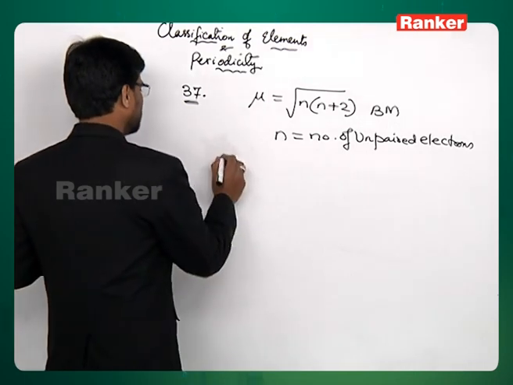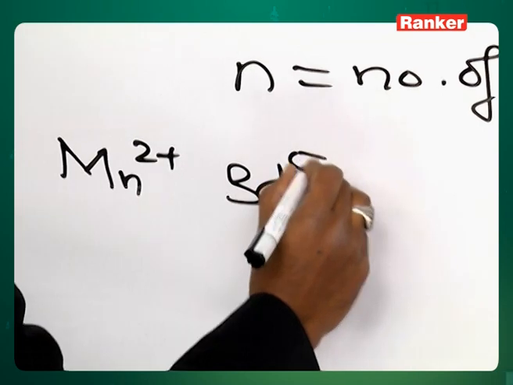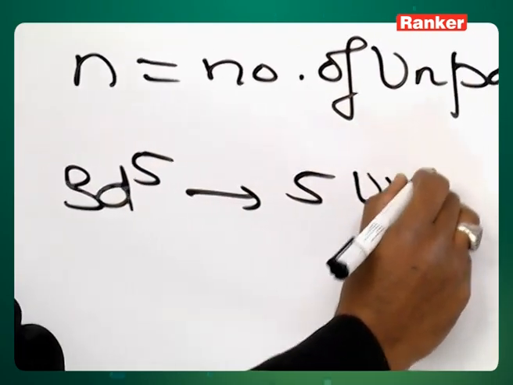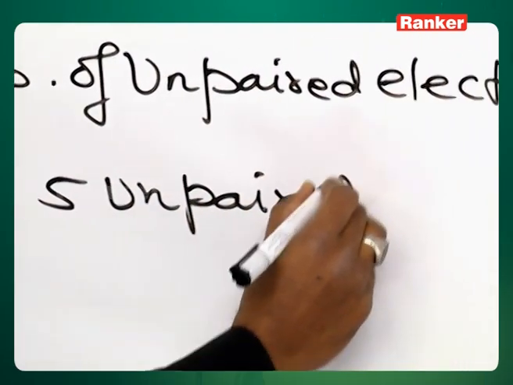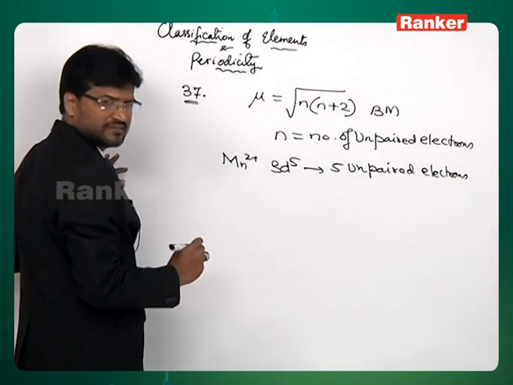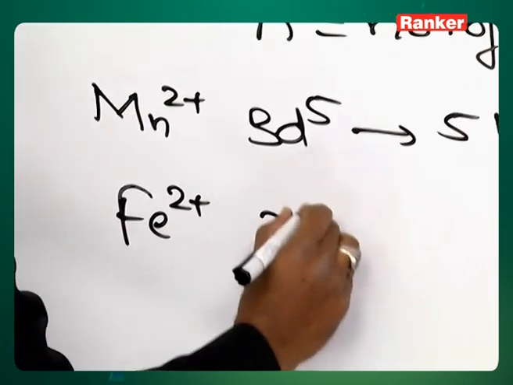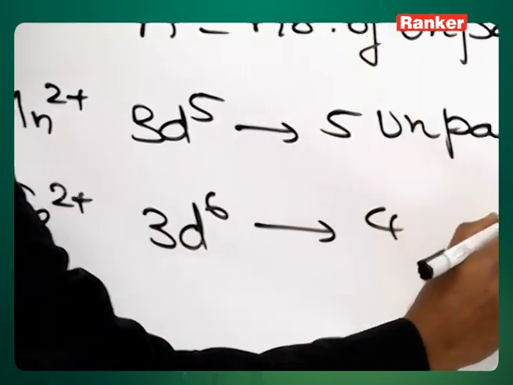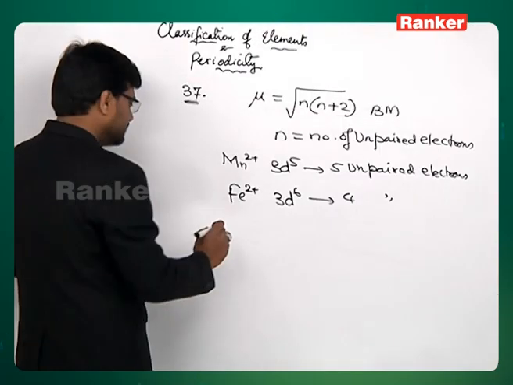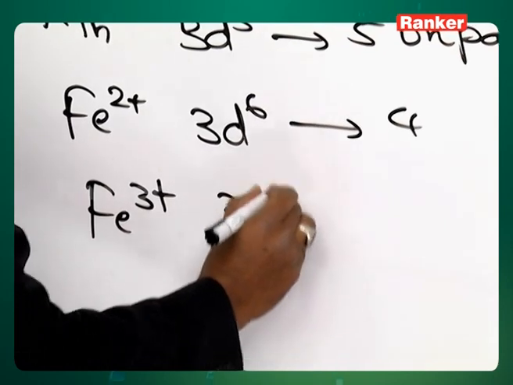Let's look at this. Mn2+ is 3d5, 5 unpaired electrons. The next is ferrous. Ferrous is 3d6. It has 4 unpaired electrons. Ferric is 3d5.